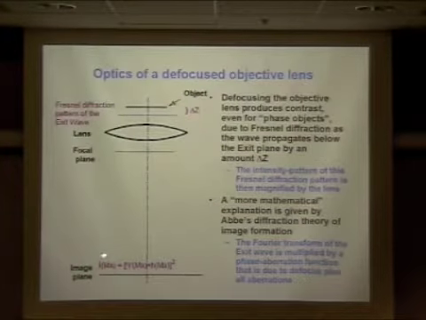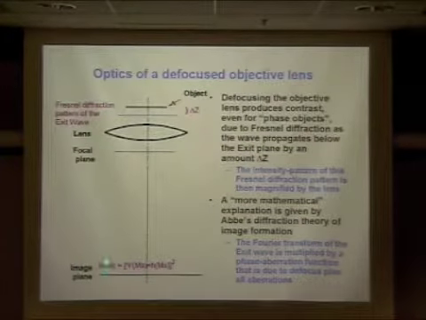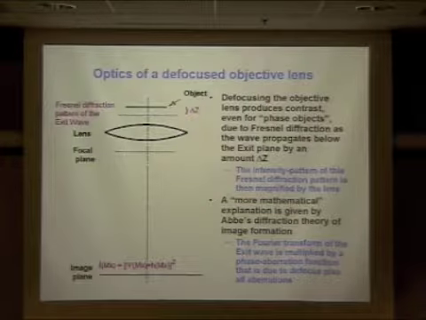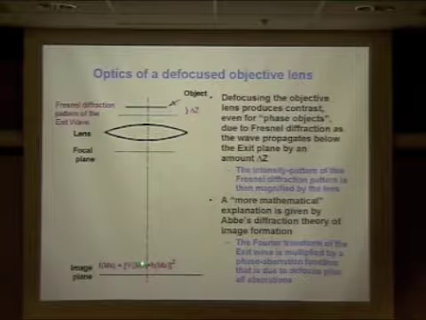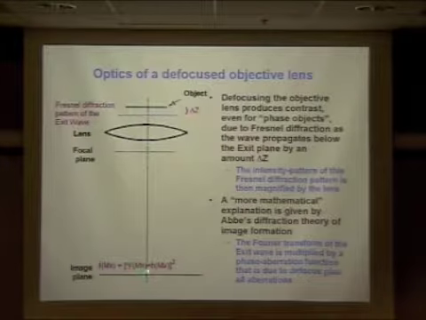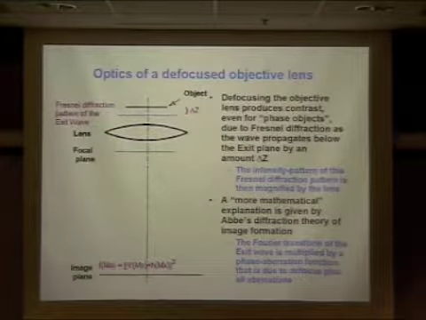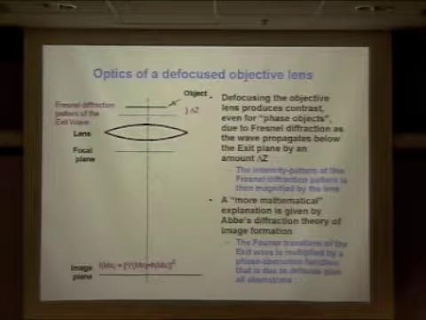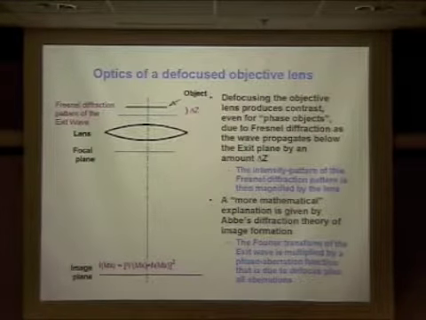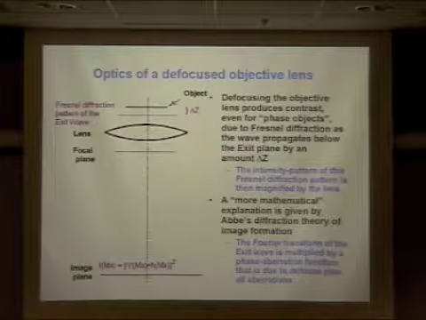And the resulting image intensity, with the magnification factor on the xy coordinates, is the square of an image wave function that's convoluted with a point spread function. And the Fourier transform of that gives you the familiar CTF function, which I'm not going to develop, as it's already been developed.